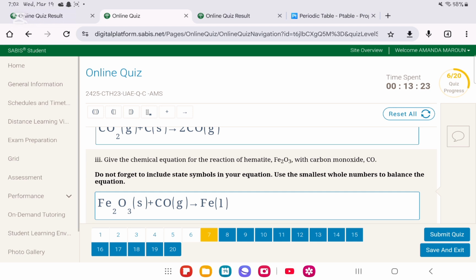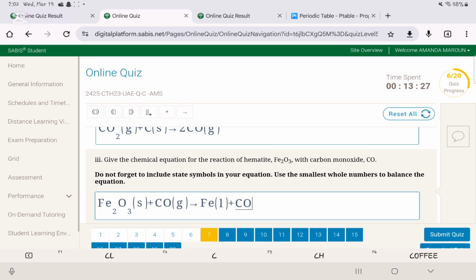So, iron liquid plus CO2 gas. So, keep in mind that the iron ore, Fe2O3 solid, plus carbon monoxide gas, it is gonna form iron liquid in addition to carbon dioxide gas. Now, as you see in this equation, it's not balanced.